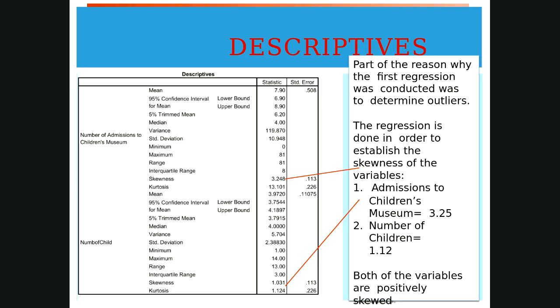In terms of the descriptive statistics, we can see that the skewness, for both of these variables, the number of admissions to the Children's Museum and the number of children, they're both positively skewed, but not necessarily problematic.